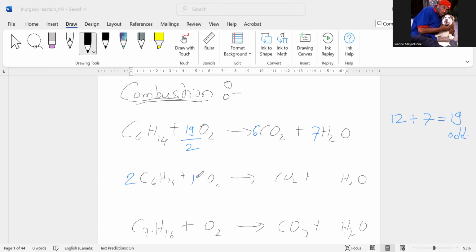So I have 2 C6H14, 19 O2, 12 CO2, 14 H2O. That way I have got rid of the fraction. If this number is even, you can just divide that by 2 and write it down. But if that is an odd number, then write a fraction that is divided by 2.